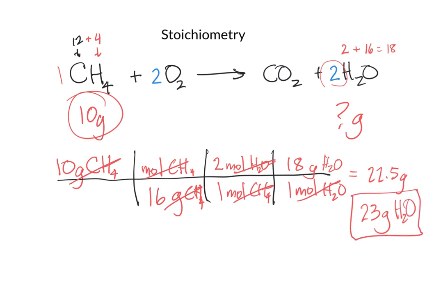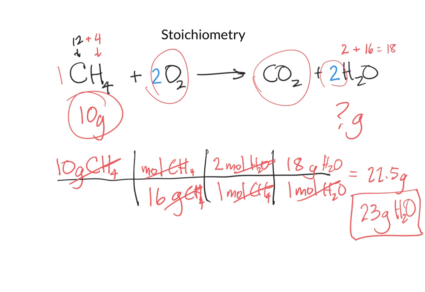And that is how we determine the amount of substance that is in a chemical reaction. Now, I could have done this for anything in the reaction. I could have determined how much oxygen in grams I would need, or how much carbon dioxide I'm going to get.